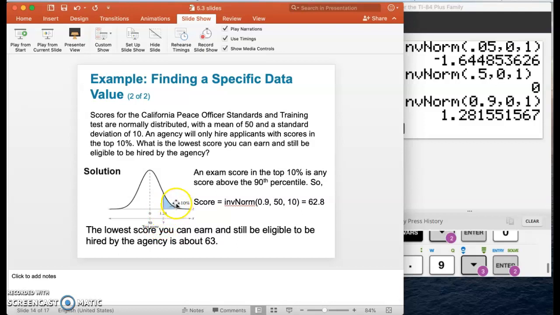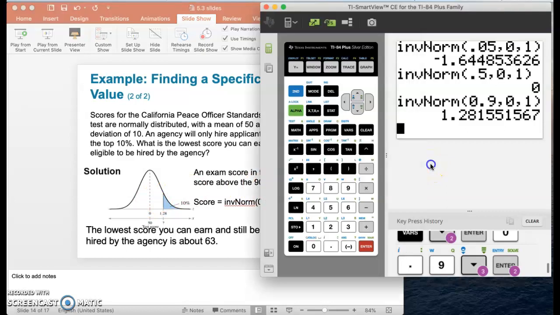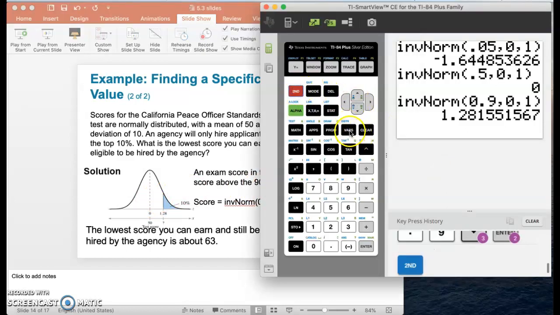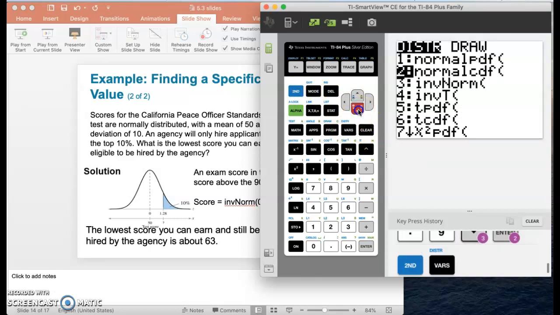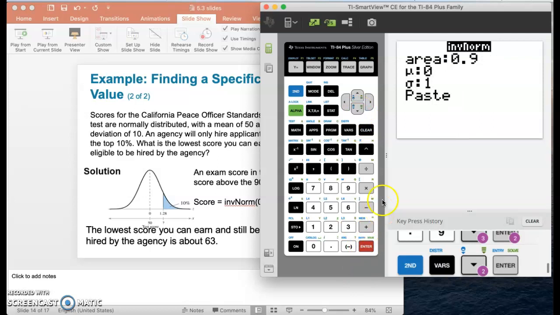Well, an exam score in the top 10% is any exam score above the 90th percentile. So 90% of the area is going to be to the left. So that's what we're going to use when we use the inverse norm function on our calculator. So we're going to go second and then vars, then arrow down to inverse norm and select enter. The area is 0.9, but the mean is no longer 0.